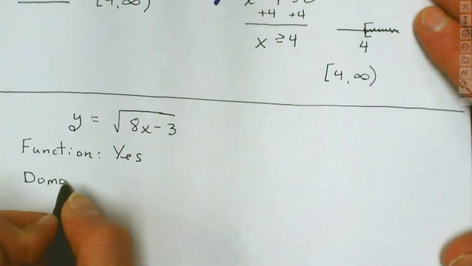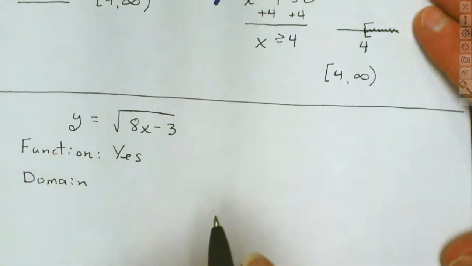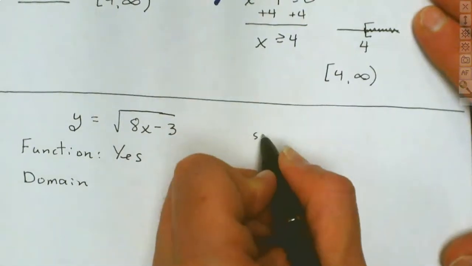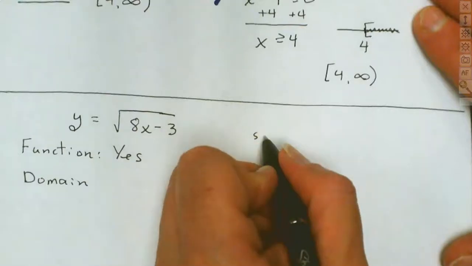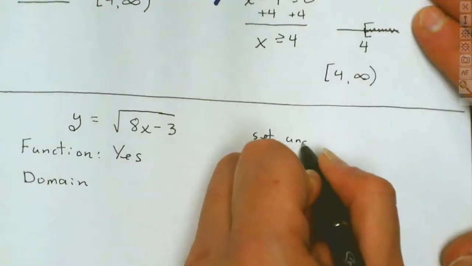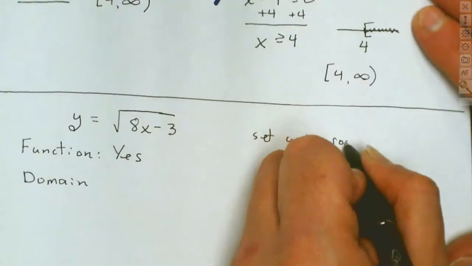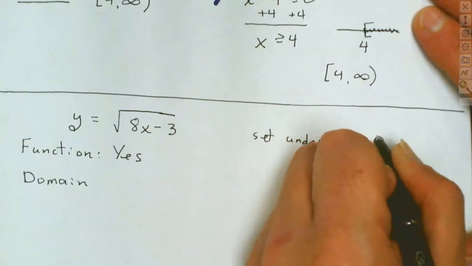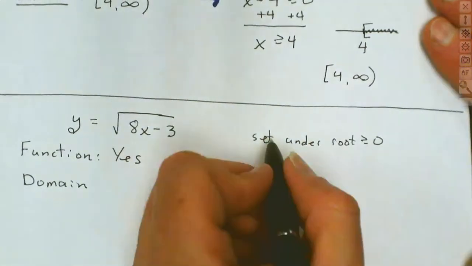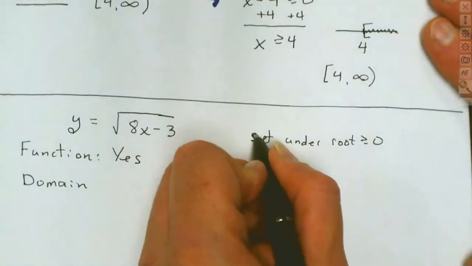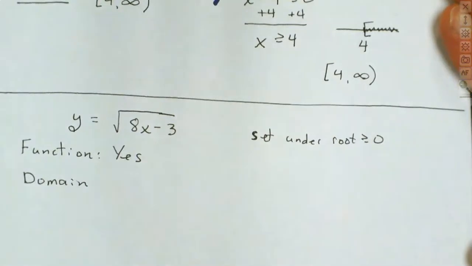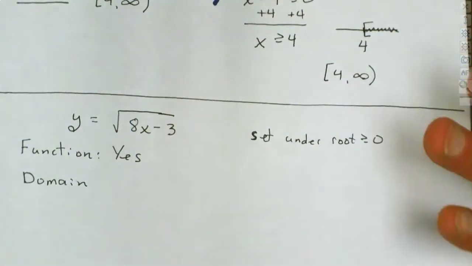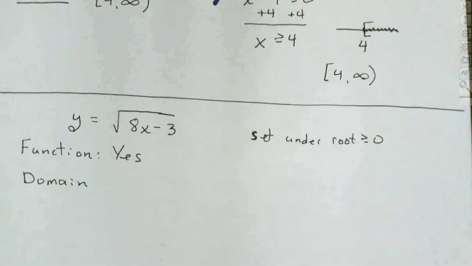What about the domain? Well, we have a root, so we set what is under that root greater than or equal to 0. That way it stays positive, because if it's negative, we can't take the square root of a negative number. Not in this class. In college algebra, you learn that you can. It comes out to be an imaginary component of a complex number, but in this course, we really don't cover that.